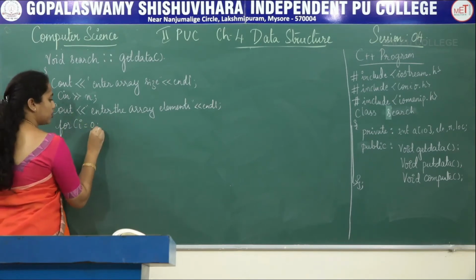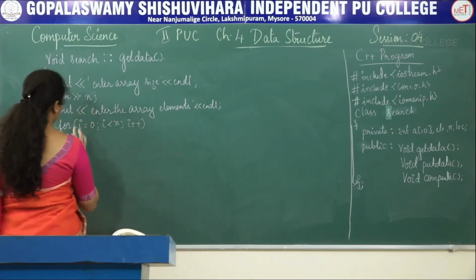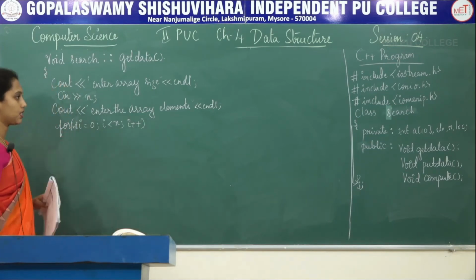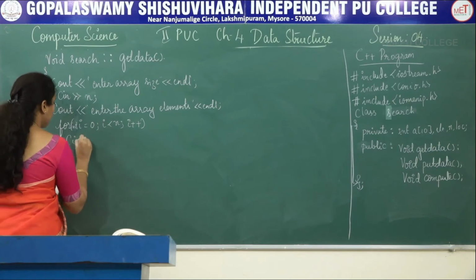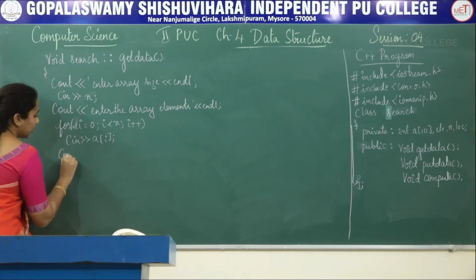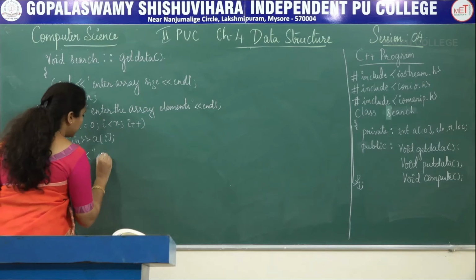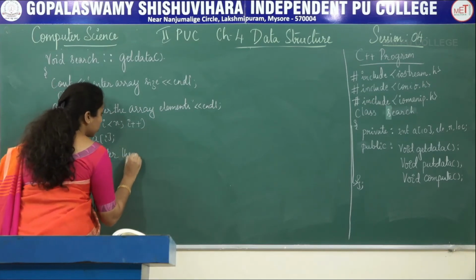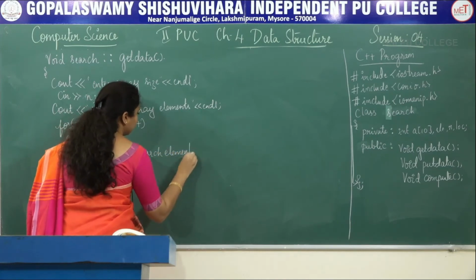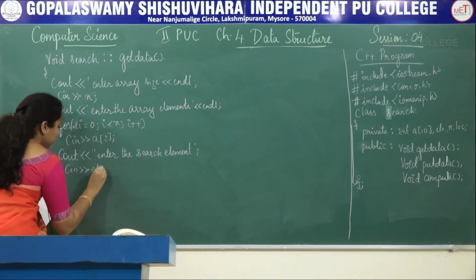For i is equal to 0, i less than n, i plus plus, cin A of i. Next, enter the search element. Cin element.